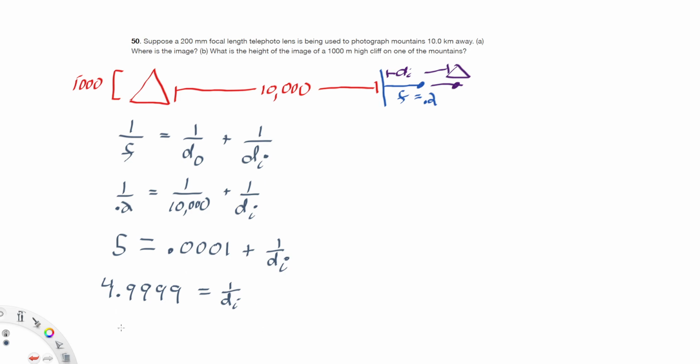And you get 0.200004. So it's fair to say that the image is basically on the focal length.